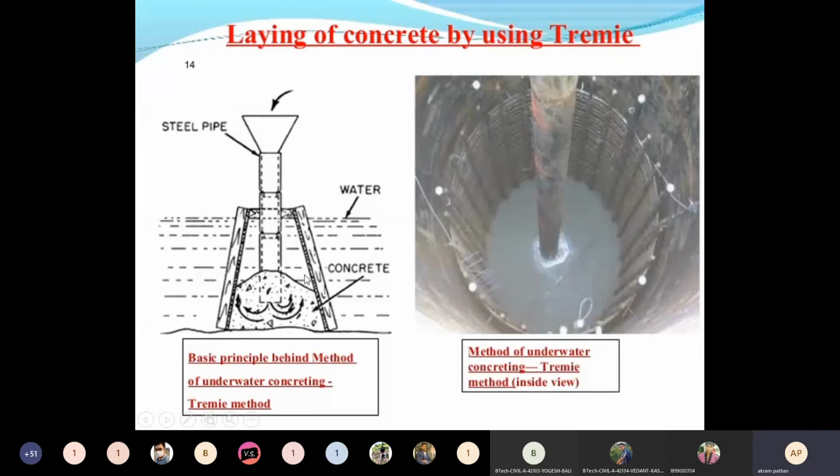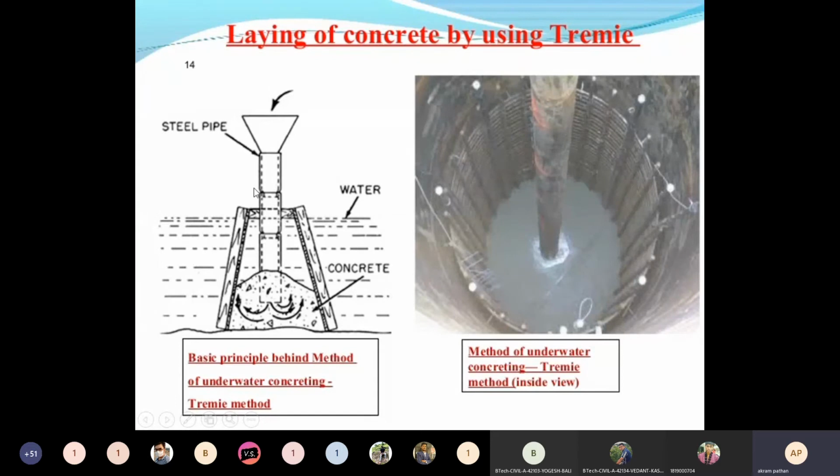It is supported on the working platform above the water level. The length of the pipe can be easily increased or decreased by using couplings. Now these are the couplings.